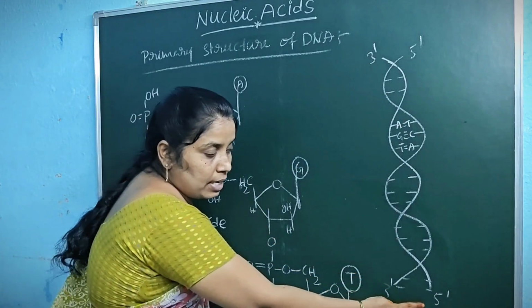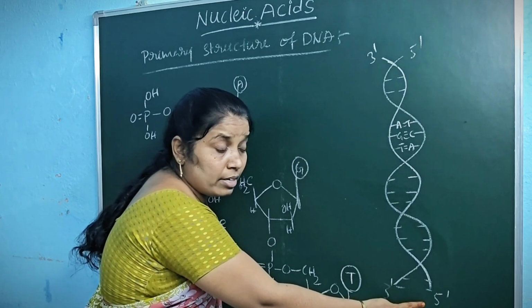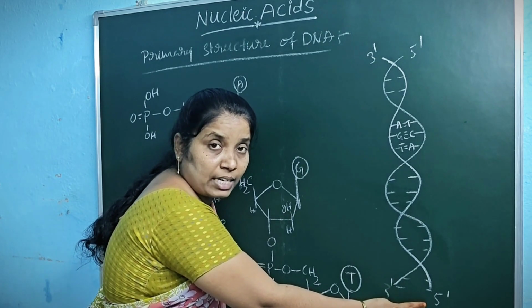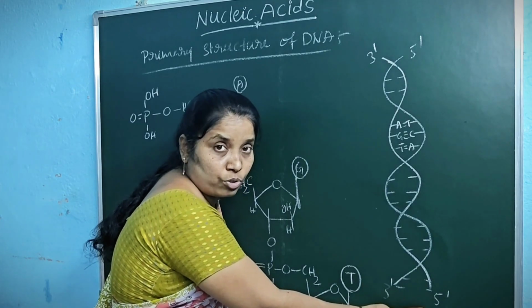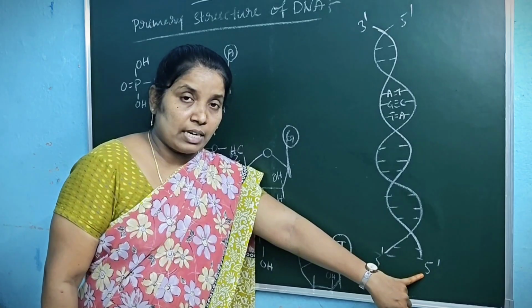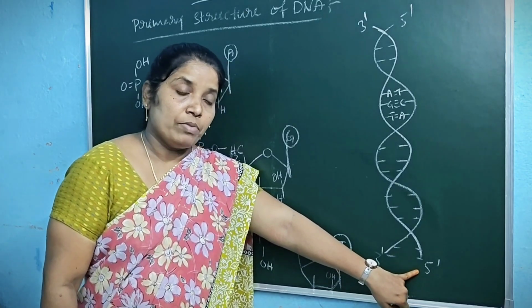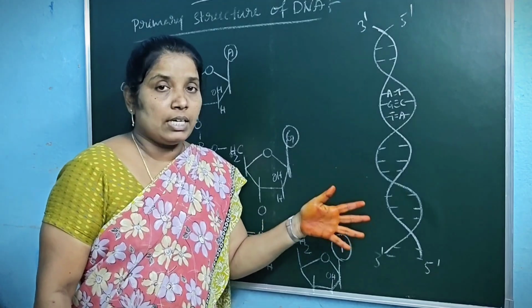Here you can see the other end, that is the 5' end. Here there is no phosphate group. That's why at this position of the sugar there is a free OH group, so I am representing it as 5'. So that is the end part of the DNA. They are showing polarity in this way. Okay, they are anti-parallel to each other.